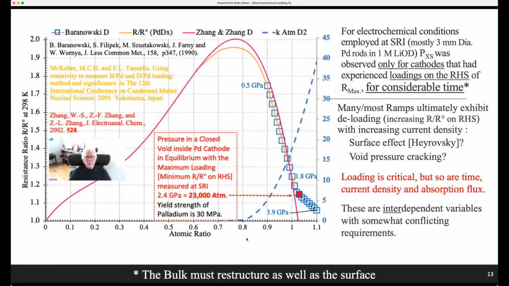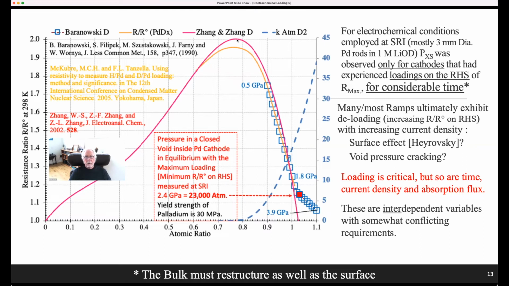This is the resistance ratio loading curve that I spent so many years working with. Two attempts to characterize this curve: one in orange or gold is our attempt, and the red one is a very nice work by a group of Zhang and Zhang.